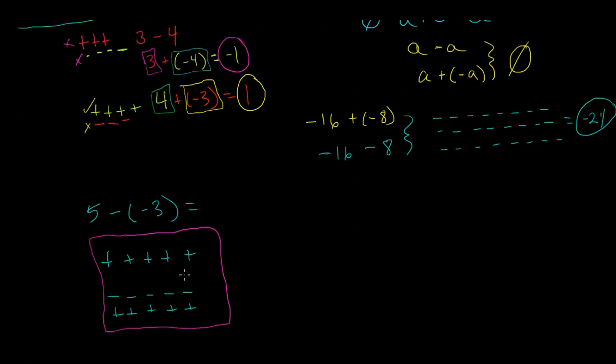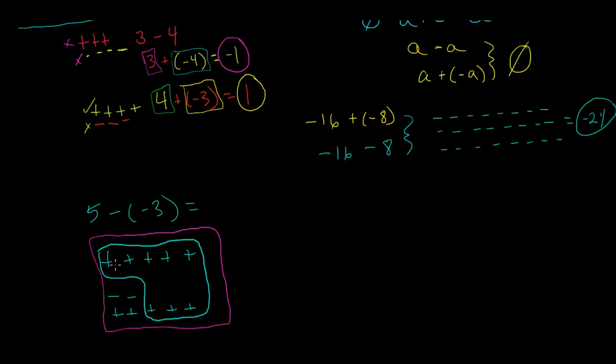So here's taking away a negative 3. There's one negative I'm taking away. There's two negatives I'm taking away. And there's three negatives I'm taking away. So now what I've got is 5, my original 5, minus the negative 3, so I have 3 more positives there.